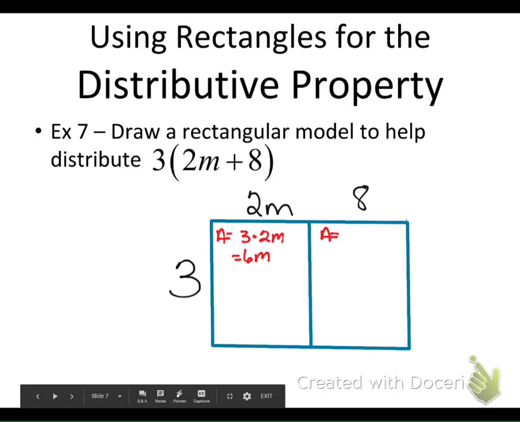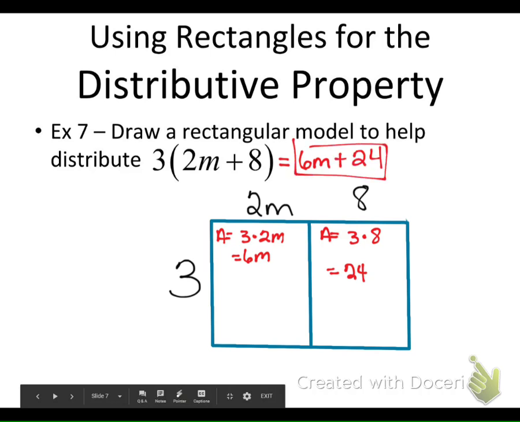And then what's the formula for the second section? 3 times 8, which equals 24. Do I have any like terms that I combine here? No. So what's my final answer? 6m plus 24. And that's my final answer.